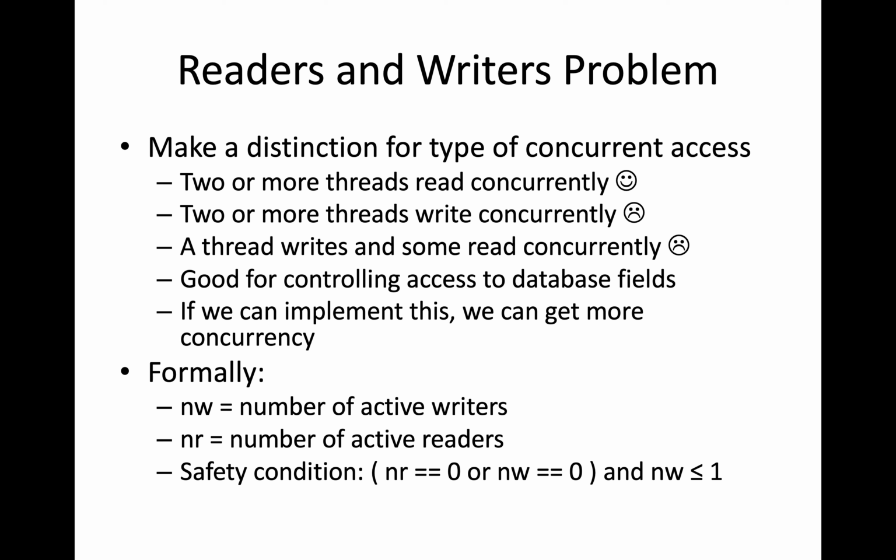It permits more concurrency than just mutual exclusion. If multiple writers want to access some data, or a mix of readers and writers want to access it, they can't do it all at the same time. But if it's common to have a bunch of readers, or a bunch of threads that just want to read, and if writers are less common, this can give out a lot more concurrent access, which could permit your program to run more quickly and more efficiently.